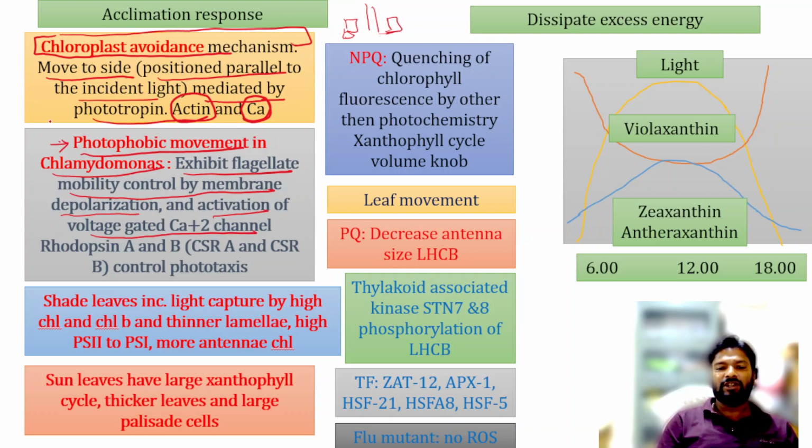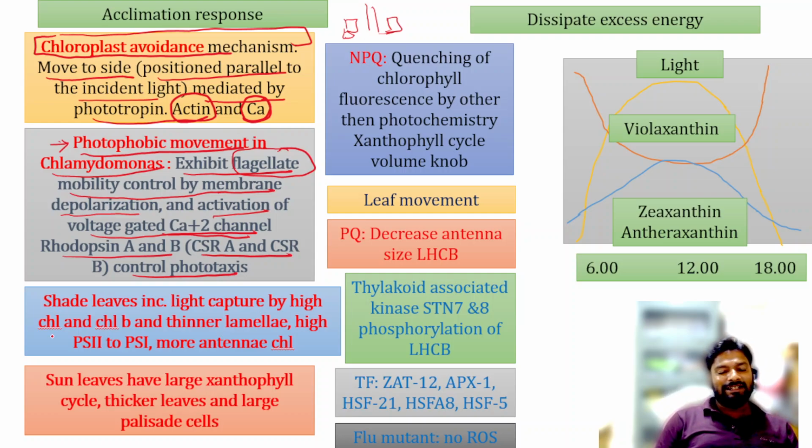Okay, so there is a movement of flagella, means photophobic, opposite to the light. Okay, and flagella help in this photophobic movement, with membrane depolarization and activation of calcium channels. And channelrhodopsins A and B, that is known as ChR A and B, these control the phototaxis movement.